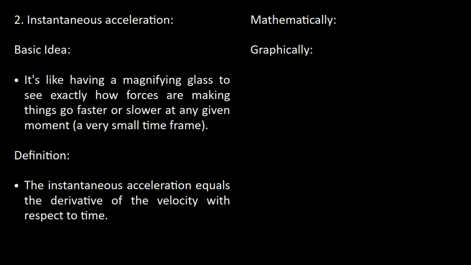So mathematically, let me go here. So now I'm teaching you guys and we are learning instantaneous acceleration. So mathematically, instantaneous acceleration is defined as, say along the x-axis, the derivative of velocity of x with respect to time.